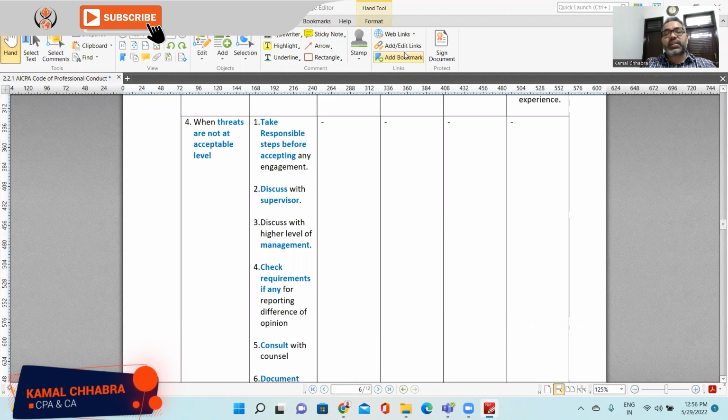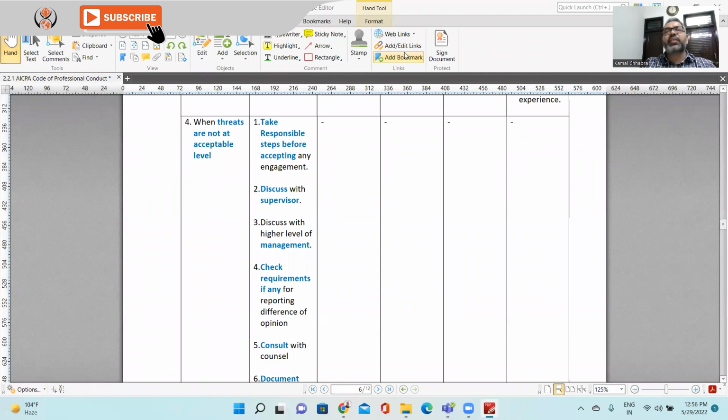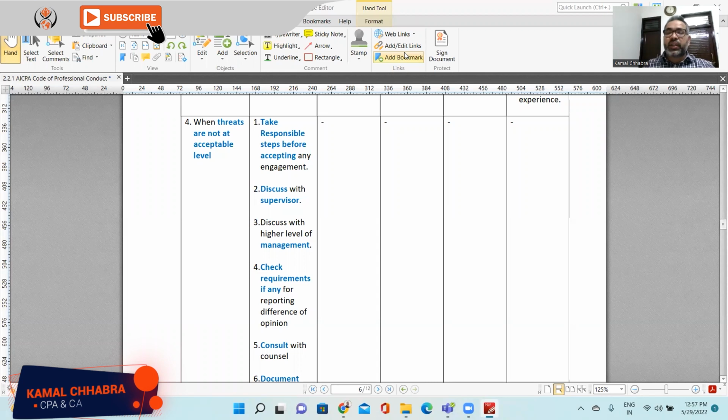Third thing is to discuss with the higher level of management. That means with the management of the company for which you are accepting the engagement, it is always good to be upfront and discuss that these are the risks which are hesitating me or making me uncomfortable to accept this audit engagement, right? You may feel it's a high-risk area or a high-risk engagement, but management may give you detailed clarification or more information that makes you comfortable to take the right decision.